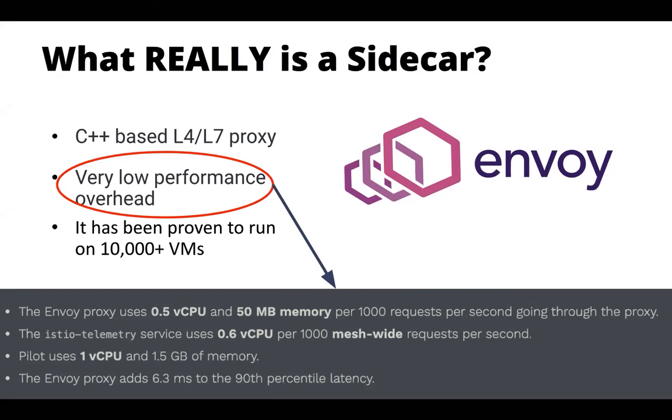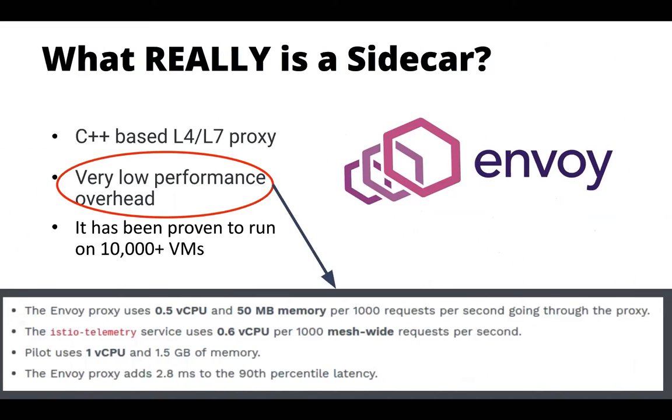But that's the old information. That's for all the folks that use older versions of Istio. In the new version of Istio, the situation looks like this. In version 1.5.4, it only adds 2.8 milliseconds instead of the 6.3 it was, I think. So that's quite an achievement. And the guys from Envoy and from Istio, all of them actually, are working hard to make that even lower.